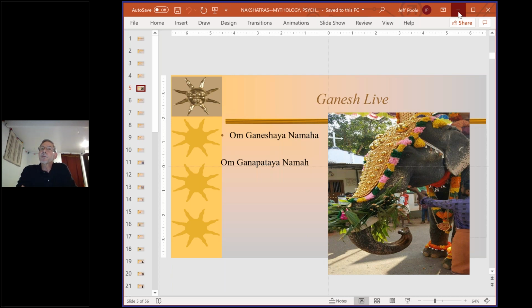But it's also important to understand that Ashwini only happens in Aries. And Aries is the first sign of the Vedic zodiac. So it's important that it's the first in the first, a lot of firsts with Ashwini.